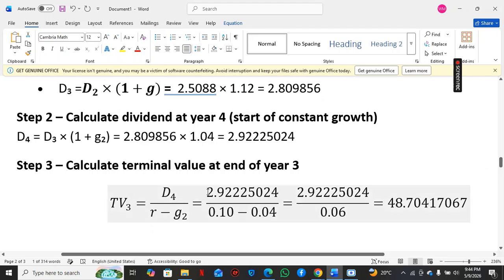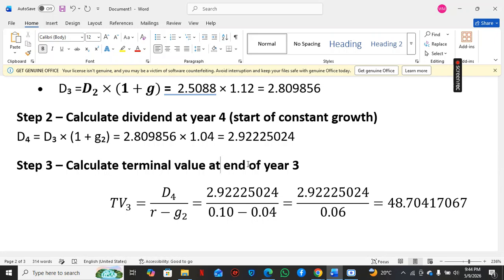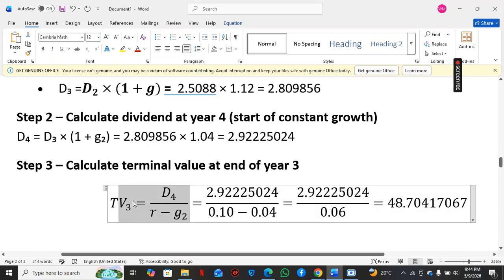So for the terminal value, this is applied at the end of year three, before the growth starts. So the terminal value, TV, for year 3 is the expected dividend for year 4 over the required rate of return minus the growth rate, the constant growth rate.